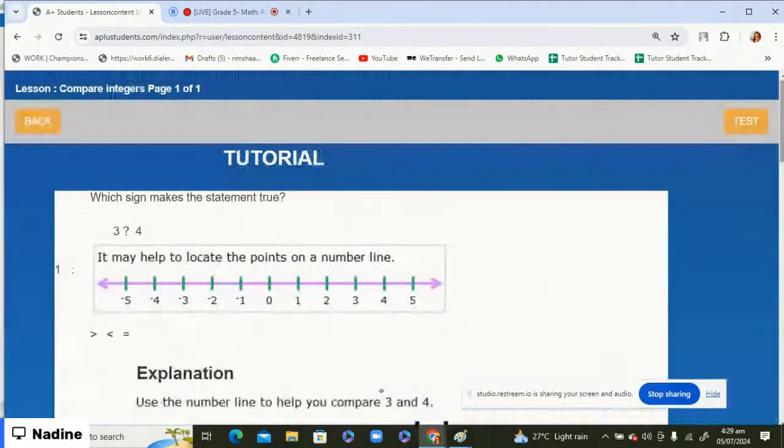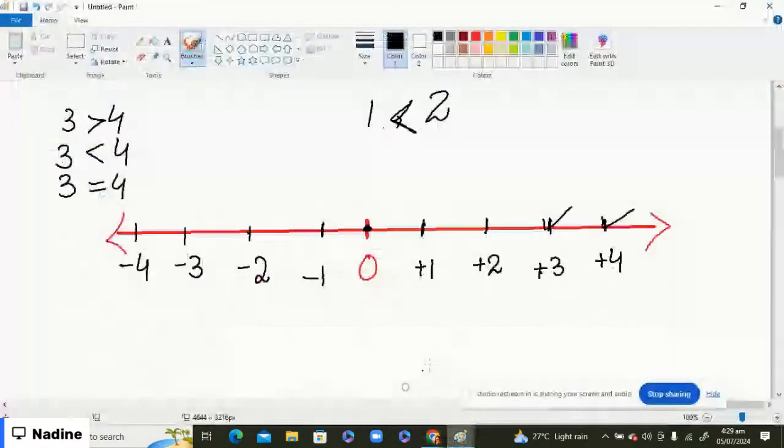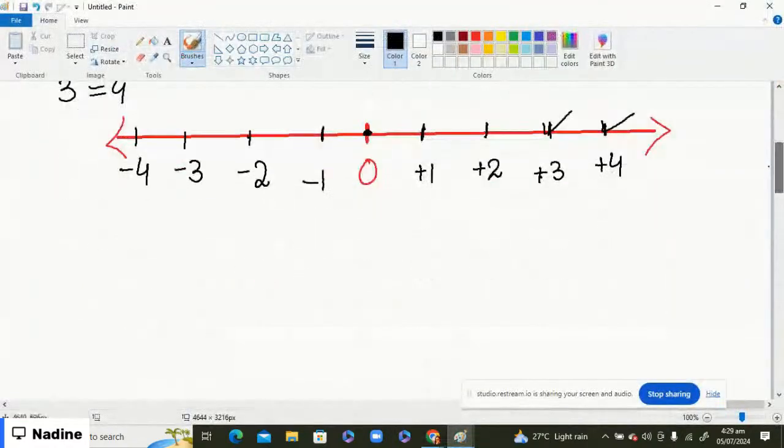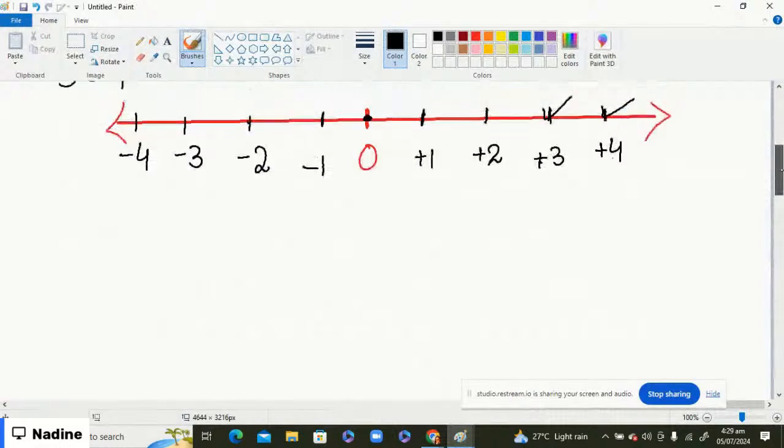Like how? Look at here. If you have numbers like, for example, they are saying that you are going to check the numbers, this one, that's just 4 minus 3. Which sign are you going to put in the middle of it? Negative number is always less.